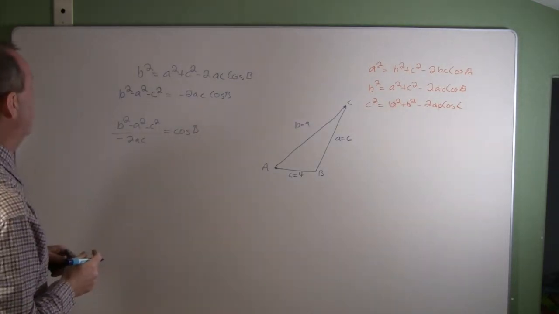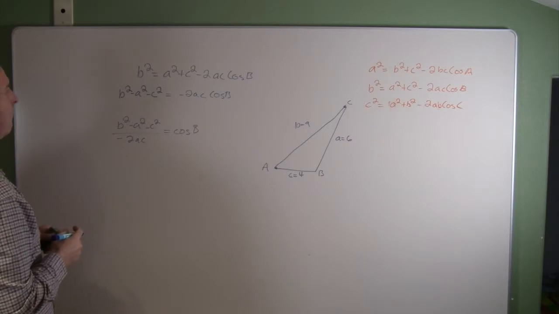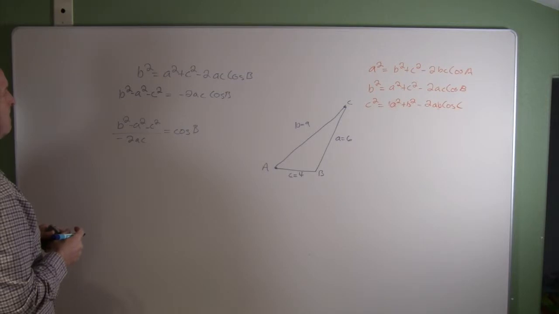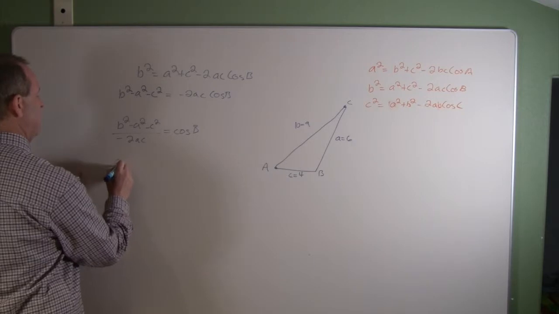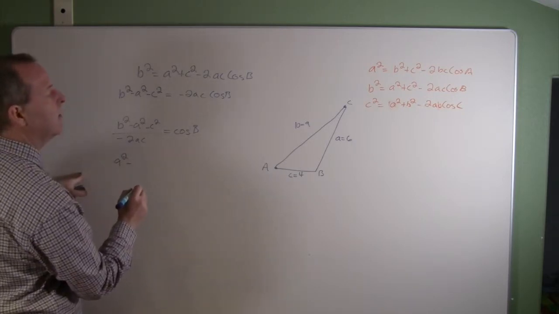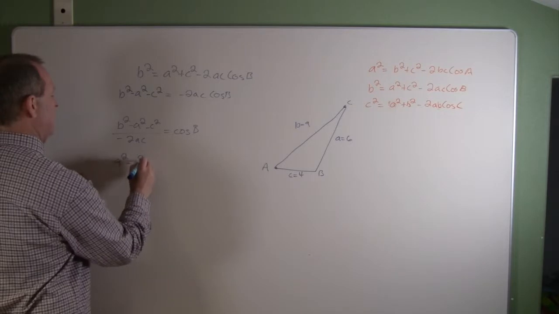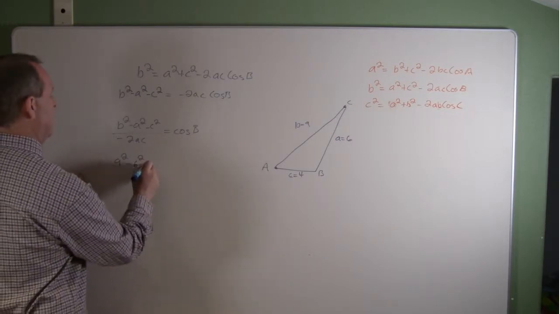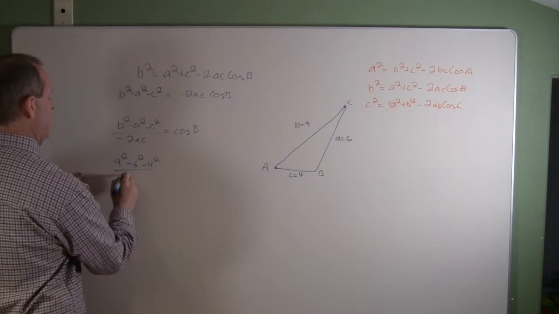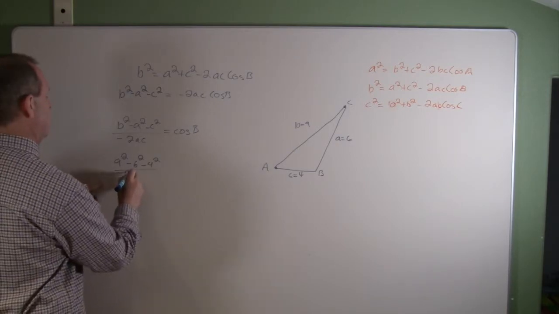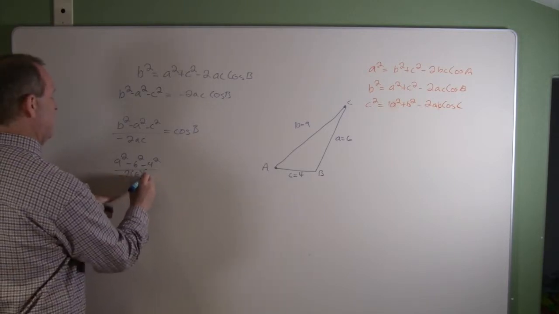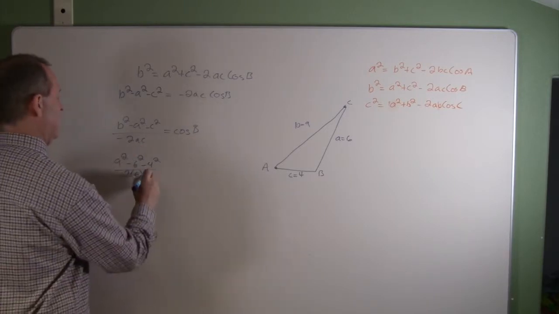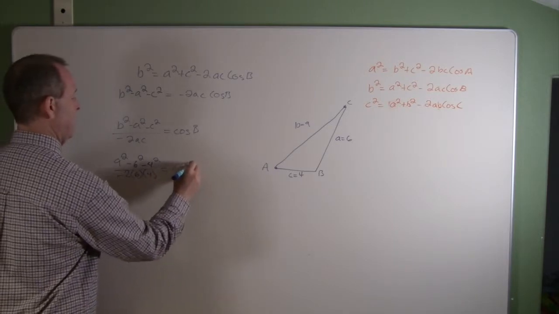All right, let's crank out the work that we can do here. Just double checking, did I miss anything? All right, b, 9 squared, minus a squared, 6 squared, minus c, 4 squared, all over minus 2 times a times c equals the cosine of b.